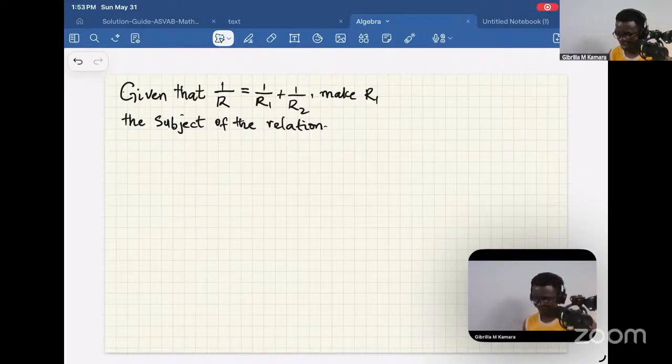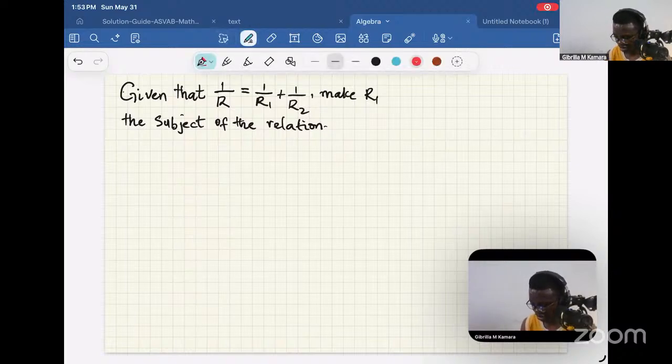So what we have to do is this. We are given 1 over R equals 1 over R1 plus 1 over R2.